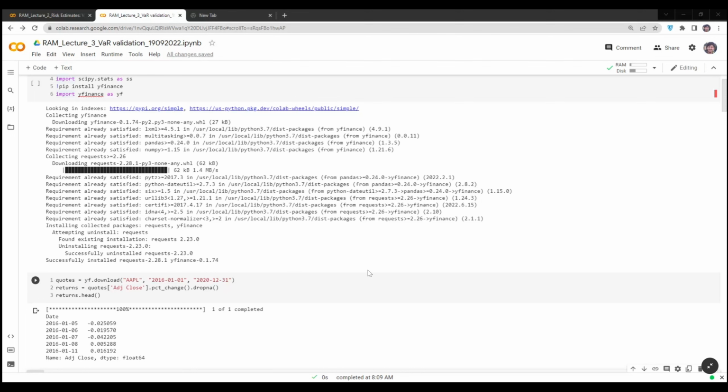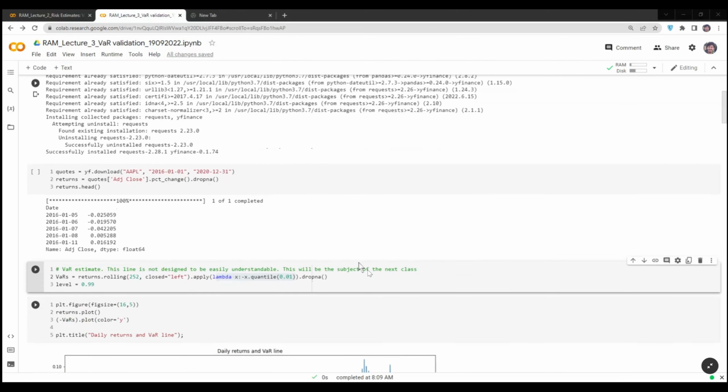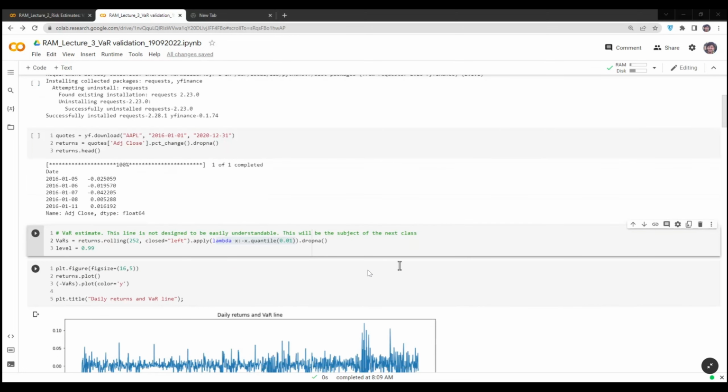What I'm going to do is fix one way that I calculate value at risk on a daily basis.